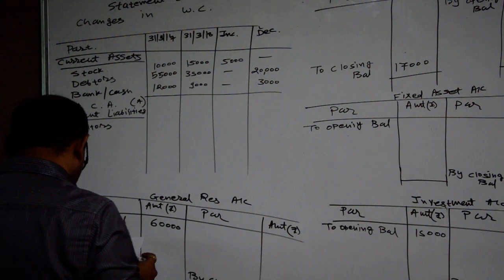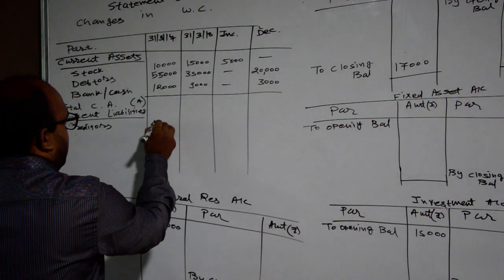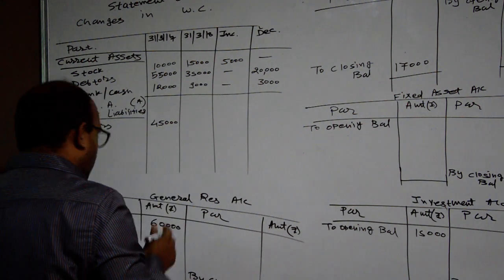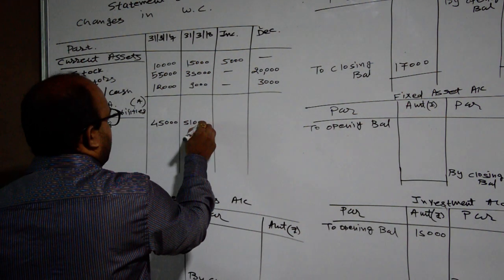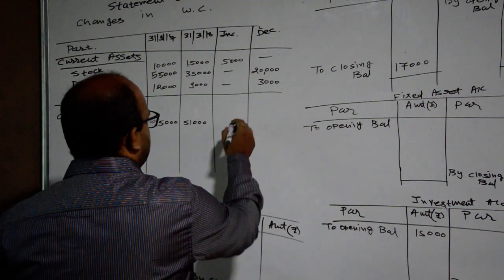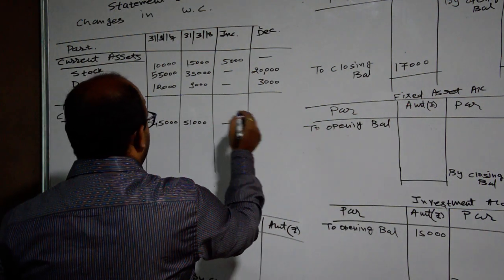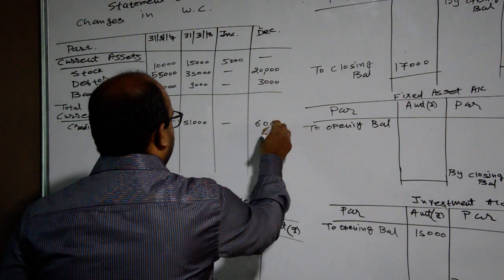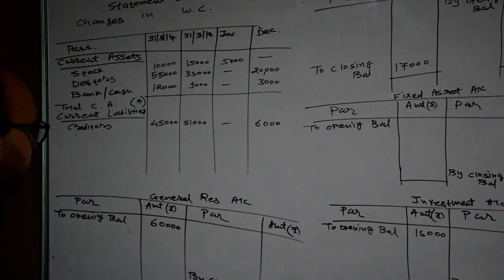Creditors 45,000 and then 51,000, so there is an increase of rupees 6,000, but we will write it in the decrease column, because the opposite effect will be given.